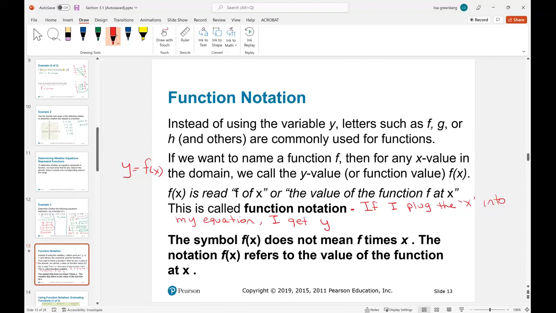Normally, but that's the same as F of X. And I'll do some examples so you'll see better what exactly I mean.